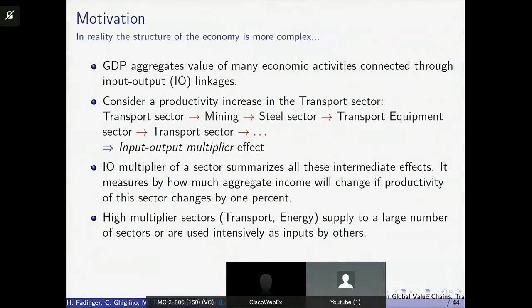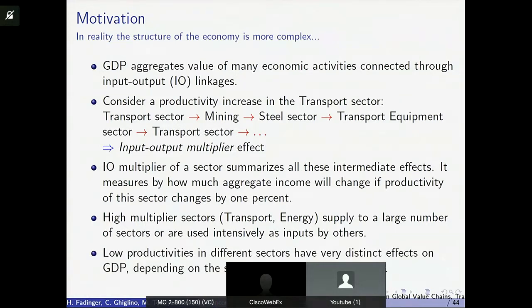So the multiplier depends both on the number of sectors to which a given sector delivers and the intensity with which it is used as an input. That implies that low productivity levels in different sectors will have very different aggregate effects depending on whether they occur in a sector that has a high multiplier or a low multiplier. Clearly, if low productivity happens in a sector with a high multiplier, that will be much worse for aggregate performance of a country than when it happens in a low multiplier sector.